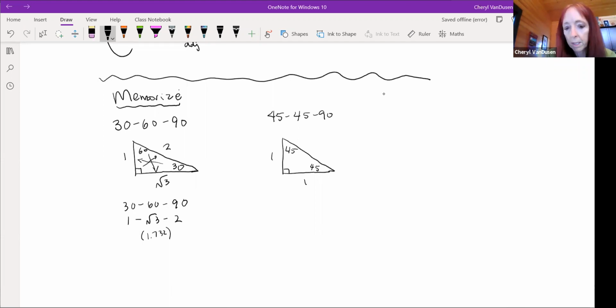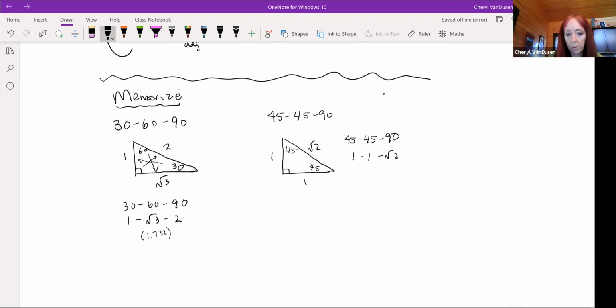Across from the 45s are 1s, and across from the 90, the hypotenuse is √2. So here for 45, 45, 90, it's 1, 1, √2. This one's a little easier to memorize because there's really only 2 numbers to memorize. Okay, so that's some more base knowledge that we need to have.